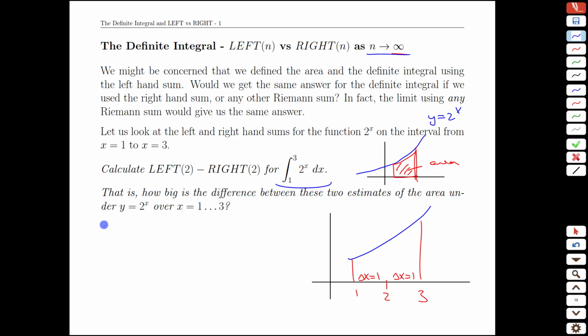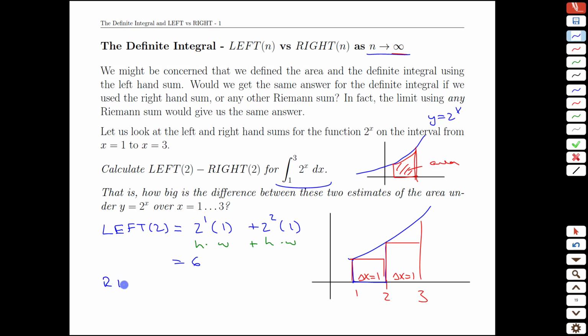When we calculate the left sum with two intervals, we go up to the graph at the first point, that'll be 2 to the 1, and then at the second point, 2 to the 2, and we multiply by the width in each case. These are rectangles, height times width plus height times width, and that gives us 2 plus 4 is 6. If we draw it, it would be this sum here.